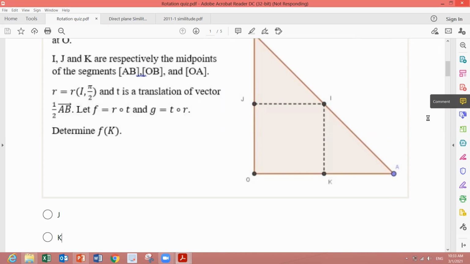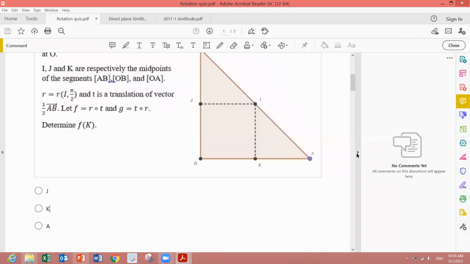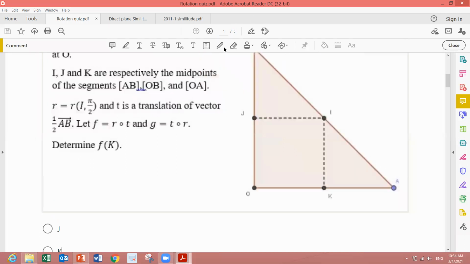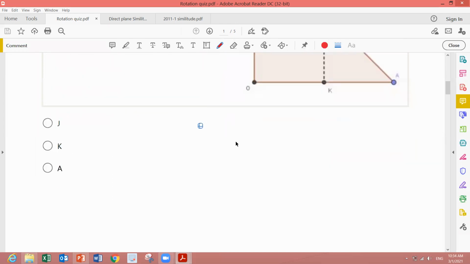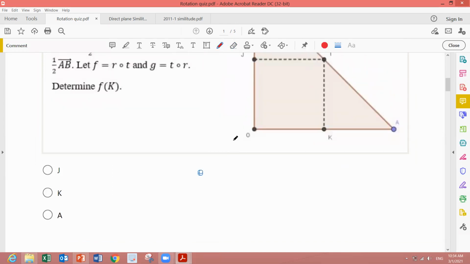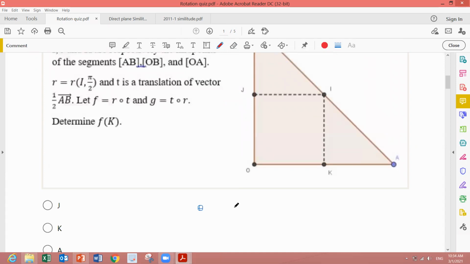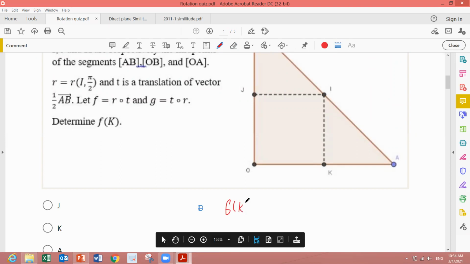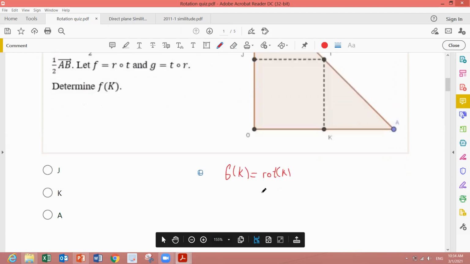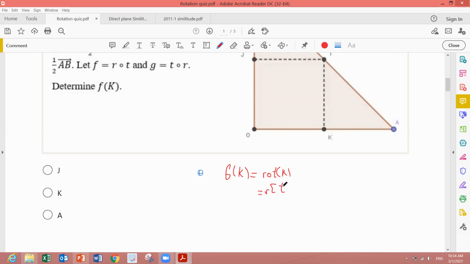أول شيء بنعمل translation. What is the translation? Half AB vector. شو بنعمل أول شيء؟ I need F of K. F of K equals R round T of K, equal R of T of K. What is the translation of K by half AB?